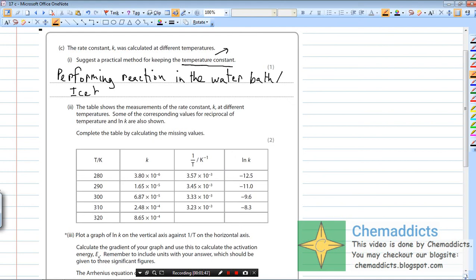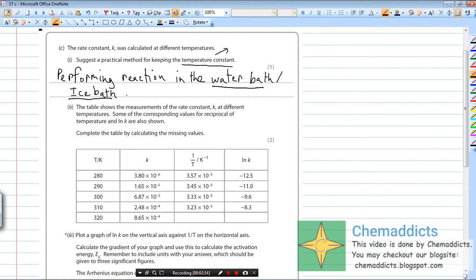Okay, so that's the answer to this question. Water bath or ice bath, so anyone will do. You may write water bath or ice bath, these are optional. Well, I hope that you have understood this question. So let us proceed to the next question.